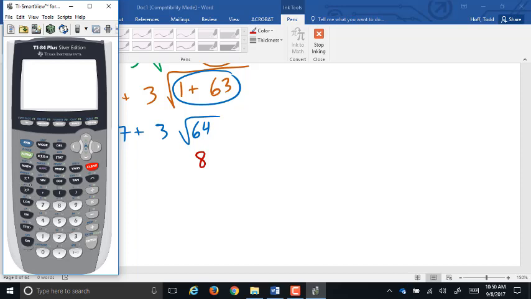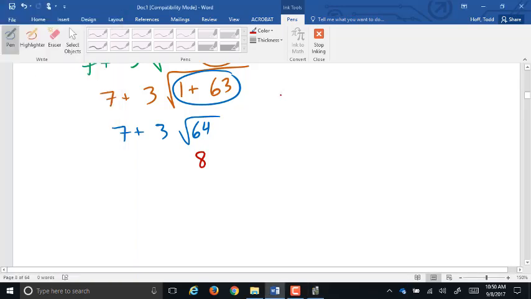You see the little square root symbol above it? So to enter a square root on most of your calculators, you have to hit second or shift, depending on the type of calculator. Then that square root key, and then you would type in the 64 and hit equals. Tells you the 8.